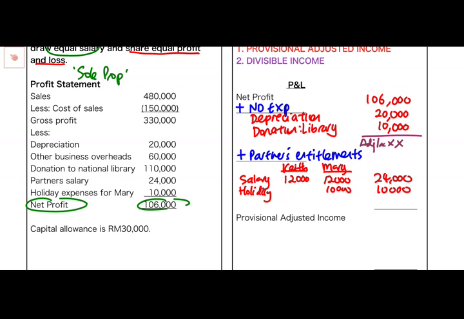But you see now, it's a bit different for us because we also add on something that we call here the partner entitlement. Now that's why we cannot call this adjusted income. It is not adjusted income. That's why the law adds the word provisional there. It's not an adjusted income, but it's a provisional figure. So what's the provisional adjusted income? Now it's 170.